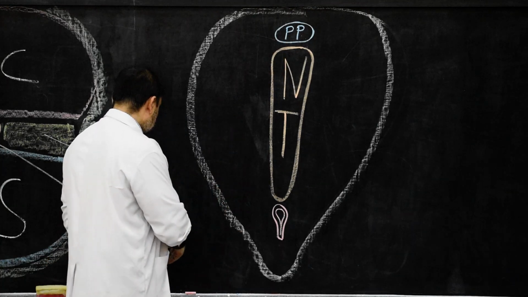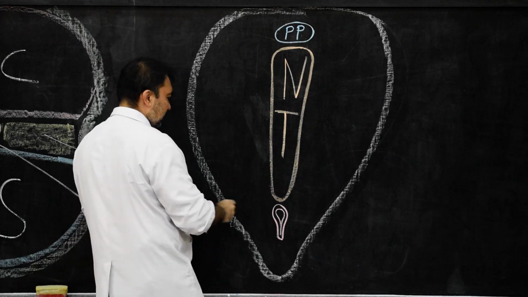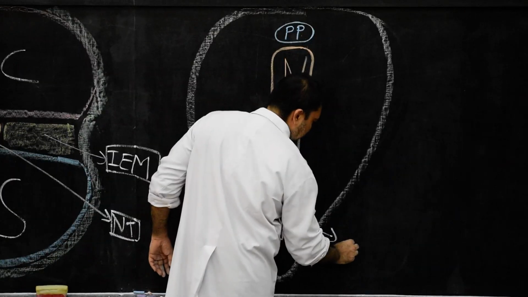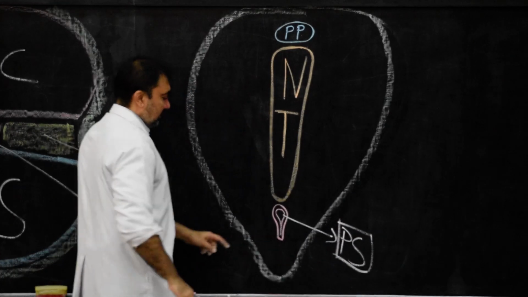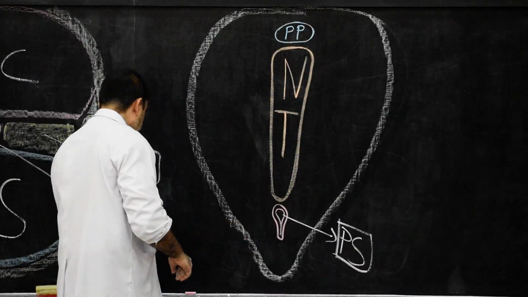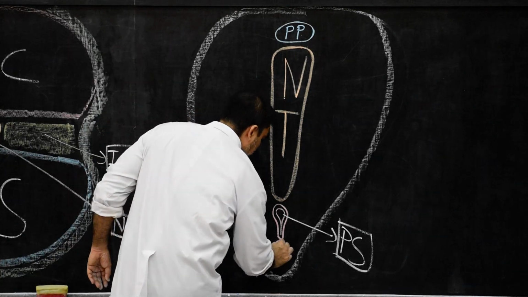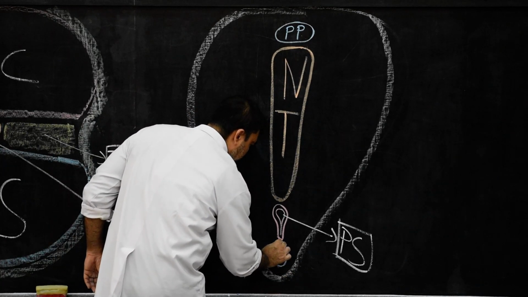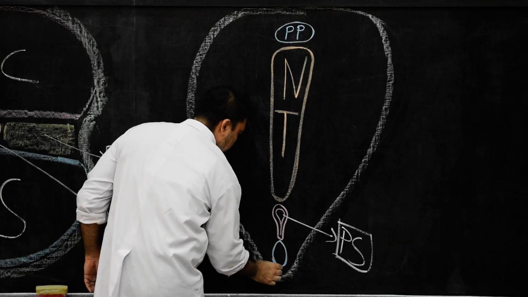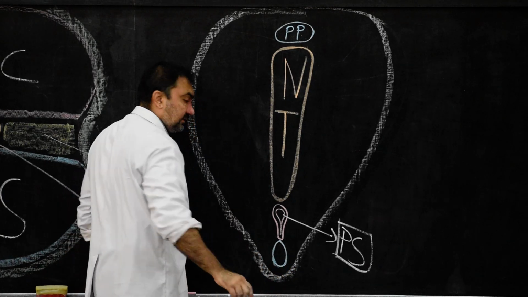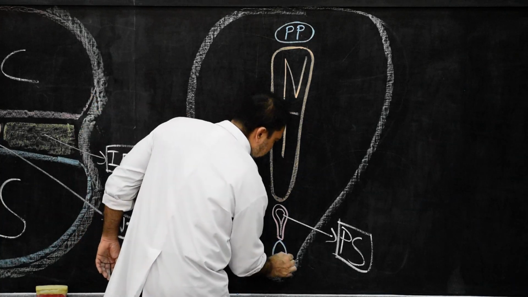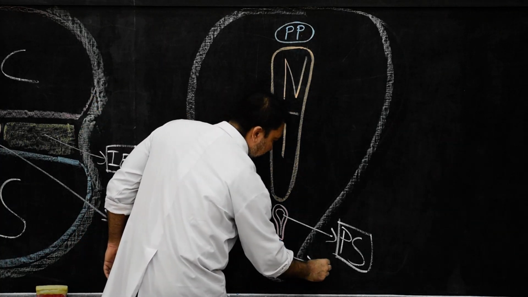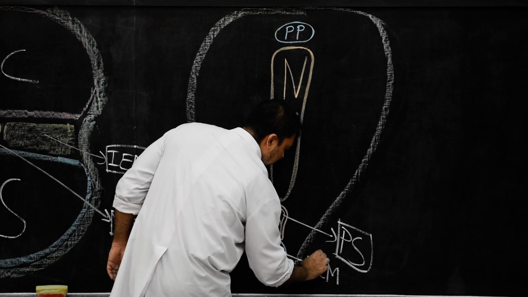So therefore, here I will just mark this structure as primitive streak. Caudal to primitive streak, if I draw once again another structure, I will show this structure as, this will be known as cloacal membrane. So the structure which is present caudal to the primitive streak, it is known as cloacal membrane.